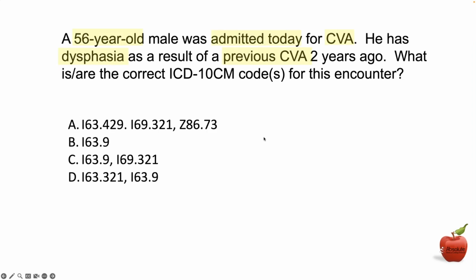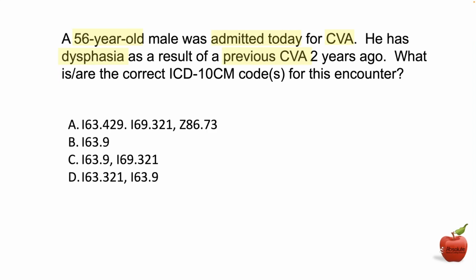Our keywords. We have a 56-year-old admitted today for CVA. That is pertinent. Remember, the RFE is key for all infarctions. You need to know why they're there. That's going to eliminate a lot of stuff, and that's going to really help you. And this patient has dysphagia from a previous CVA.